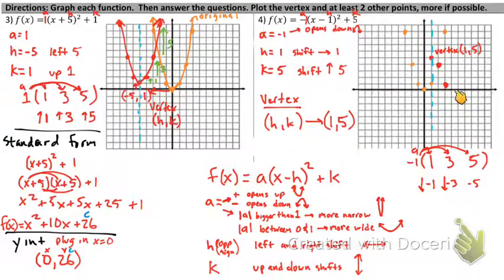From that dot, we go right 1 and down 5. 1, 2, 3, 4, 5. That is our final dot. This is how we use the 1, 3, 5 pattern. It's affected by our a value. We multiply that in. If it's negative, we're moving down that many jumps.